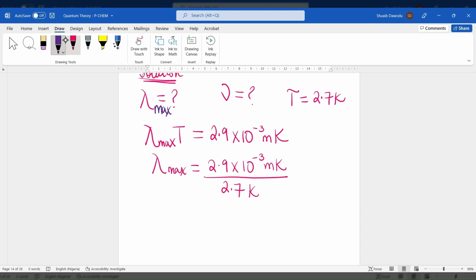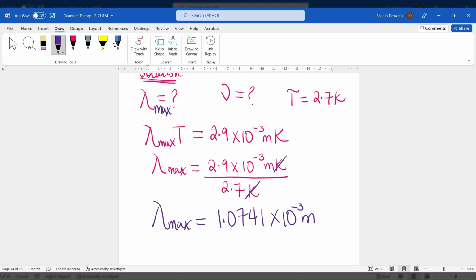Next, we cancel out the Kelvin, and then input this into our calculator: 2.9 times 10 raised to the power of negative 3 divided by 2.7 gives you 1.0741 times 10 raised to the power of negative 3 meters.